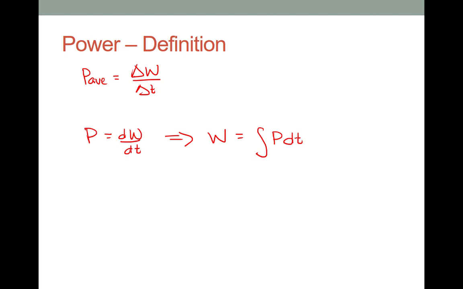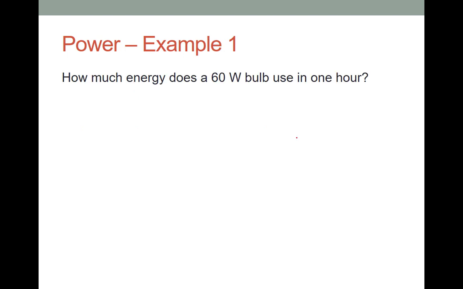We're going to now look at 2 examples using power. And the first question we're going to ask is, how much energy does a 60-watt light bulb use in 1 hour? So, power is going to be, on average, change in work divided by change in time. In this case, I want to find the work, so that will equal power times time.